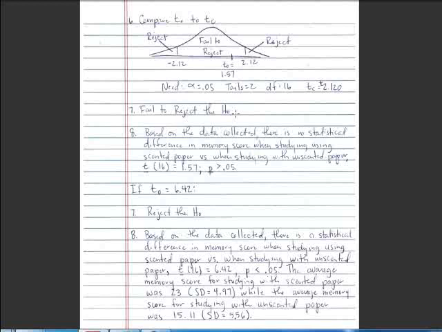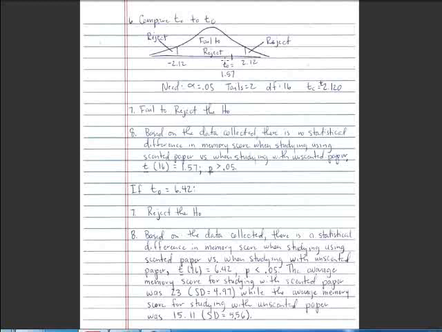We would really like to say, no, we found that there is a difference. But when T observed is in this region, we cannot say with certainty that there is; that is an incorrect statement. So we fail to reject the null hypothesis when our T observed is in between those two critical values.